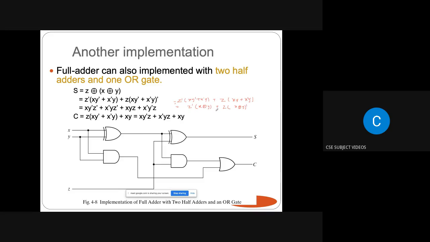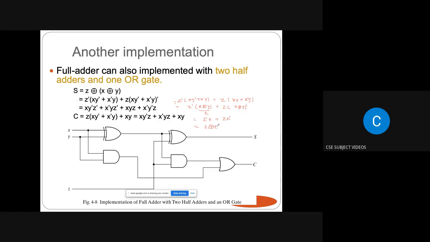Okay, and this x XOR y can be considered as a temporary variable t. We are assigning this expression to a temporary variable t. So we will write the expression as z't plus zt'. Again, it is in the form of an XOR expression. So you can write z XOR t.